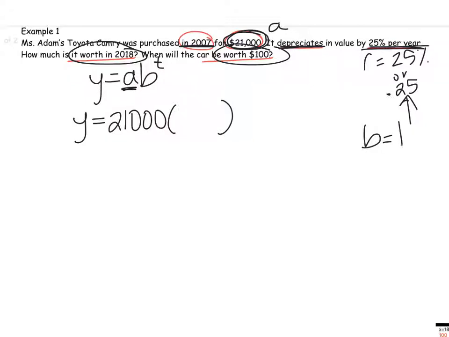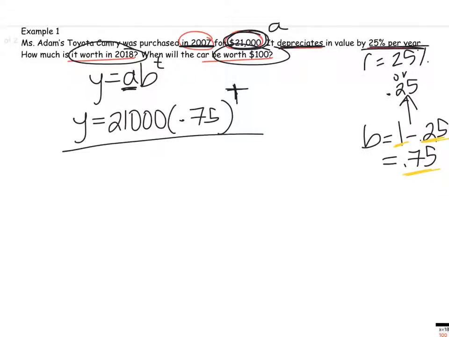So B is just 1 minus my decay rate, which gives me 0.75. It's the same as 100% minus 25% gives me 75%. So my B value is 0.75. I'm going to put that into my equation. And then T is however much time has passed. So this is my general equation.